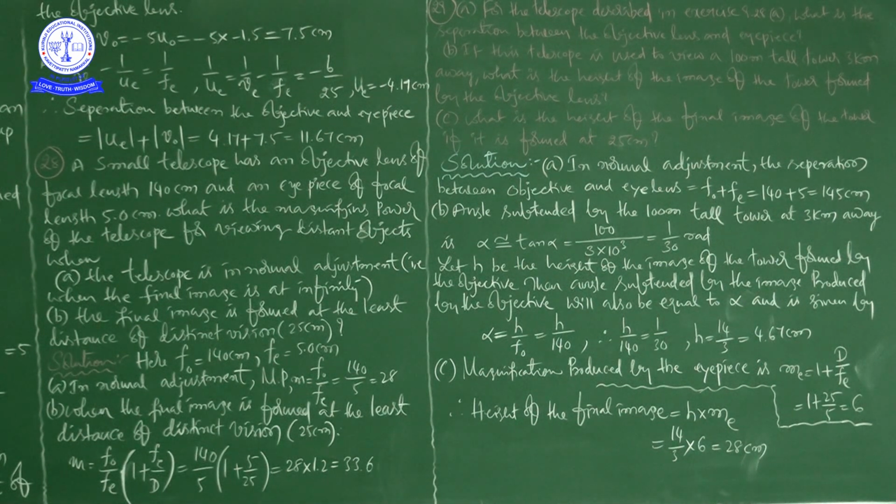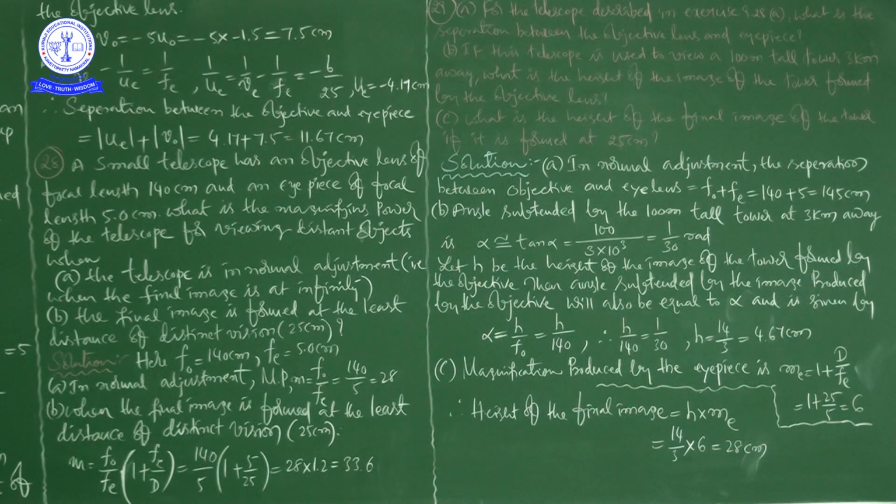He is saying that for the telescope described in exercise 9.28a, whatever values they have given there, you can use here. Based on that, what is the separation between the objective lens and eyepiece?